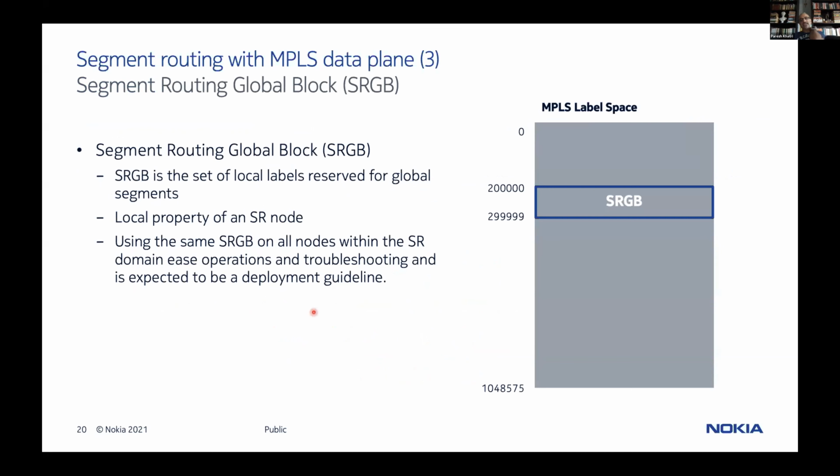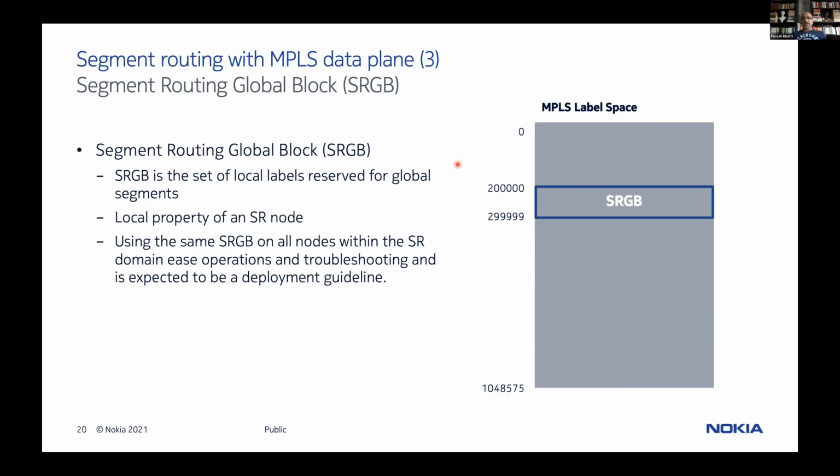The way it's done in segment routing is by using this concept of a segment routing global block. So this is a chunk of labels that we carve out of the complete label space of the router. So in this case here, we've said labels 200,000 to 299,999 are reserved for global segment IDs.